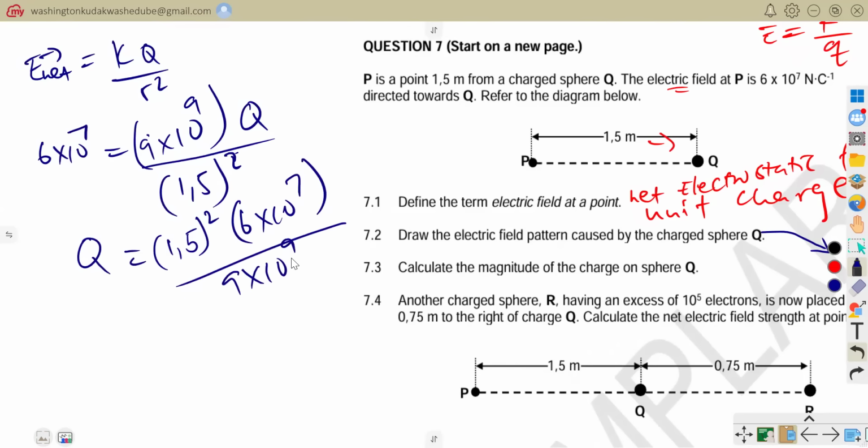So let's try to do that. 1.5 squared times 6 times 10 to the power 7, divided by 9 times 10 to the power 9.